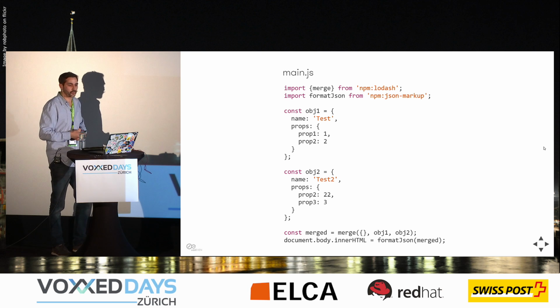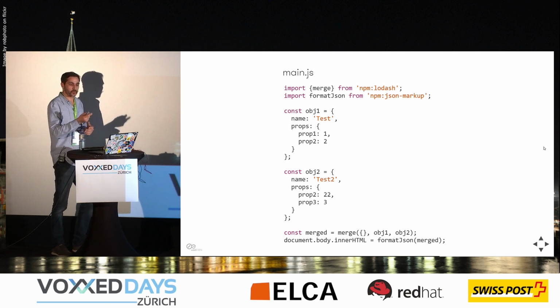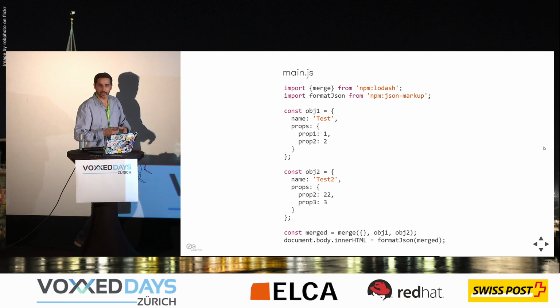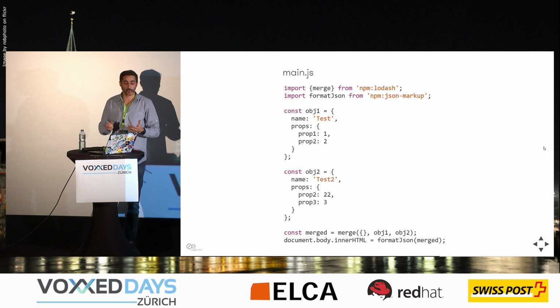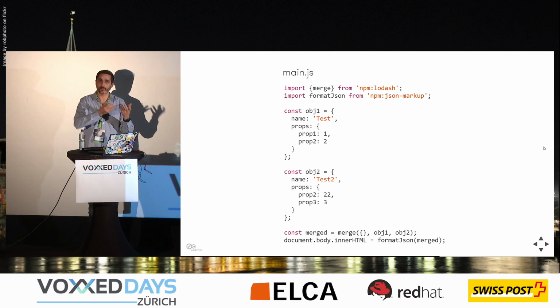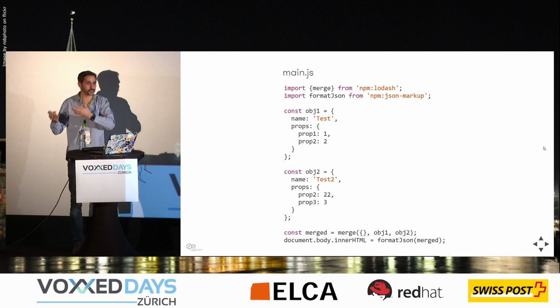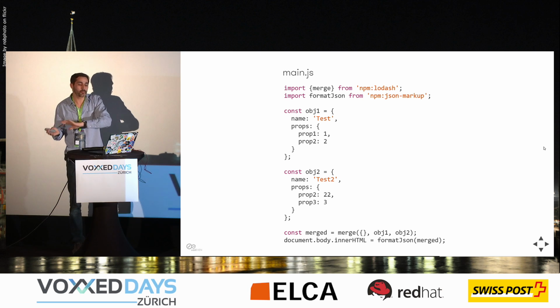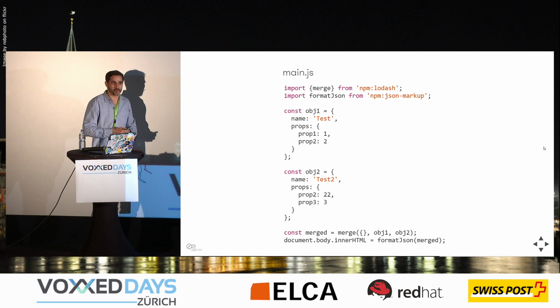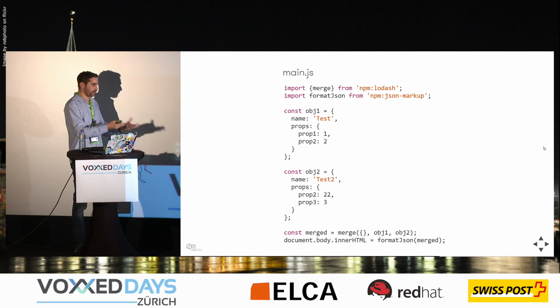We're also fetching JSON markup, and then we are merging two objects in this example using the merge function from Lodash. We are formatting this object into formatted, highlighted JSON HTML markup and putting it into our HTML, right? It's really simple, but we already did quite a lot with only a few lines of code, which is really, really great.